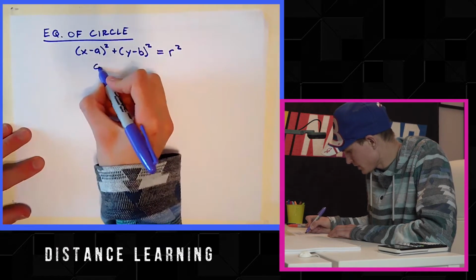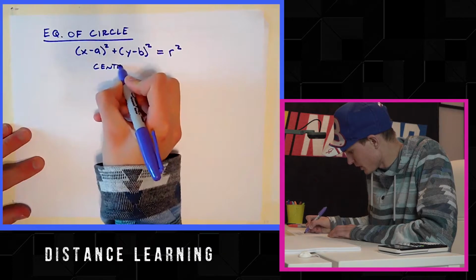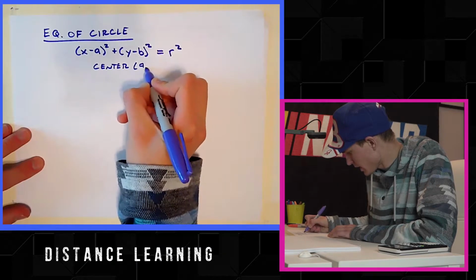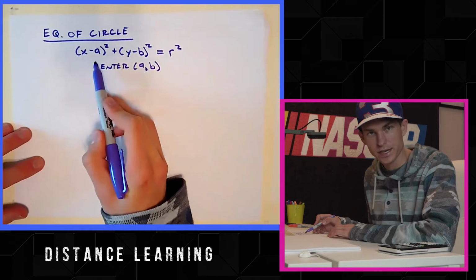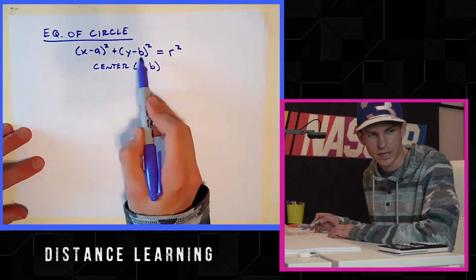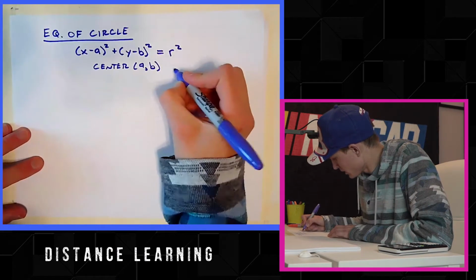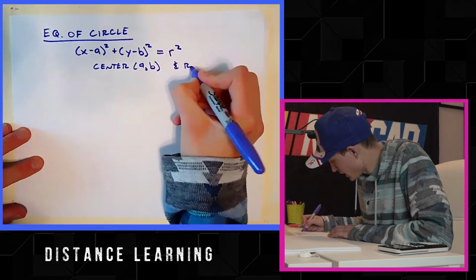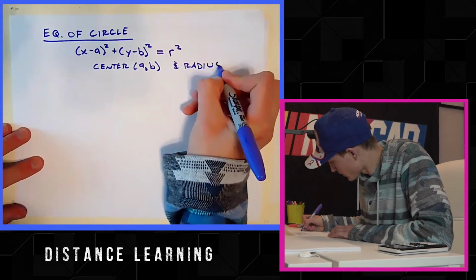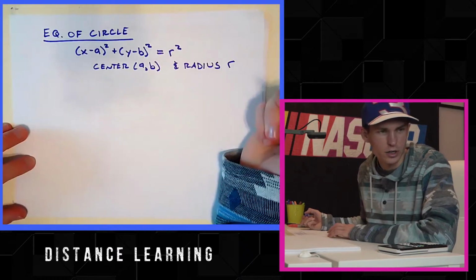And what that means, and I'll show you in a bit, is the center is at (a, b). Again, be careful, there's negatives in this formula, minus, minus. And a radius of r.